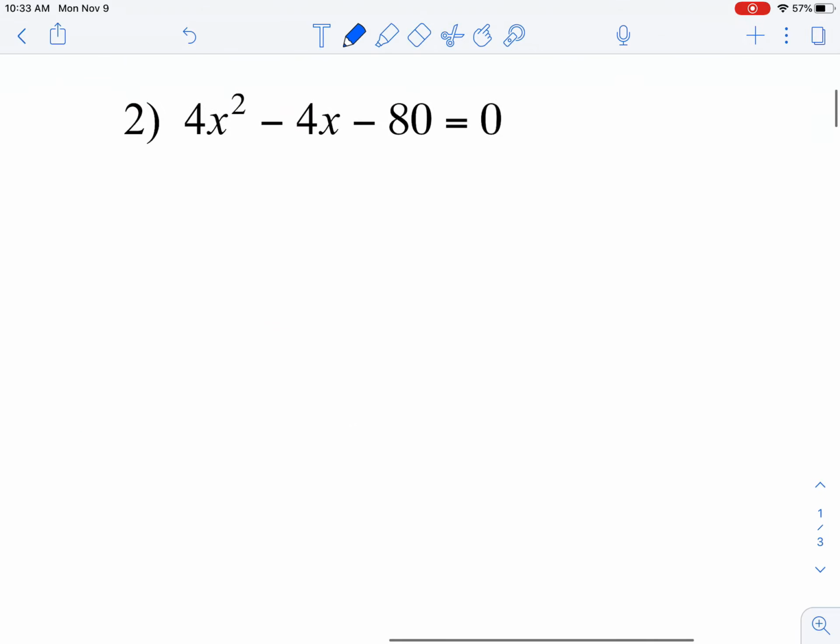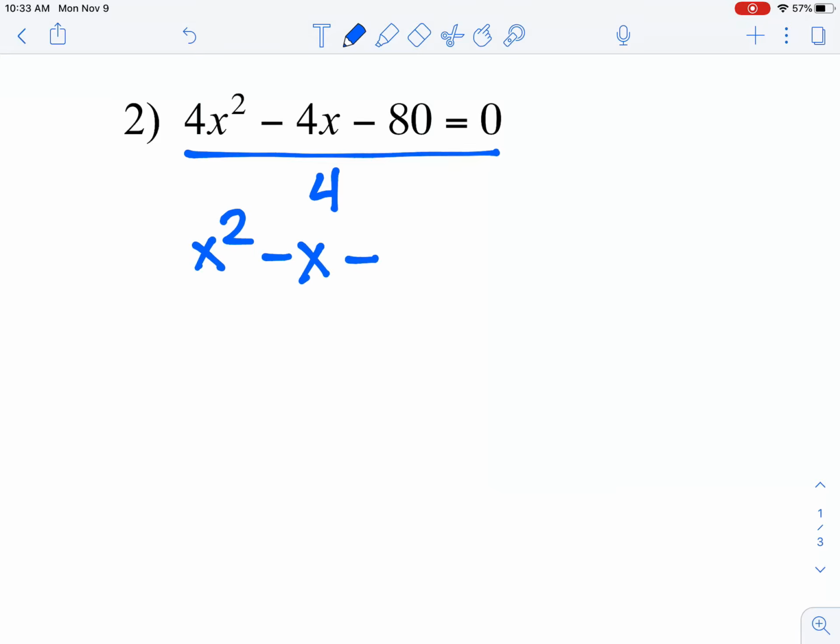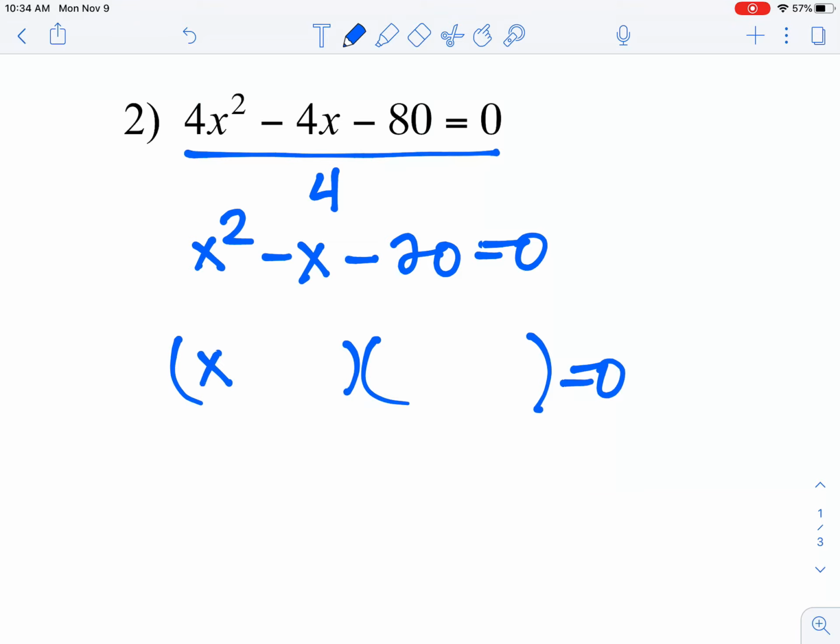Okay, in this guy, hopefully right away we can see that there's a GCF that we can pull out. Divide all of those by 4, which will get x squared minus x minus 20 is 0. Okay, now we need to factor. We know we're going to have x times x to get x squared, but then to get negative 20, we could do 4 and 5, 10 and 2, or 20 and 1.